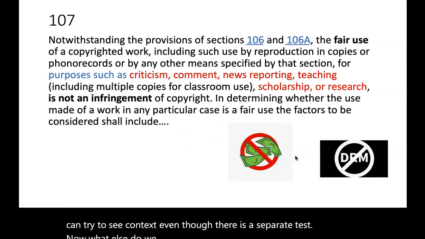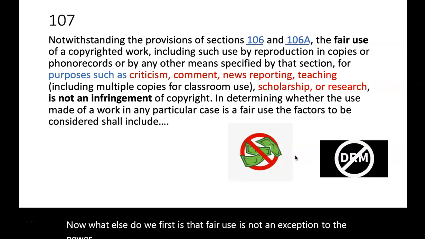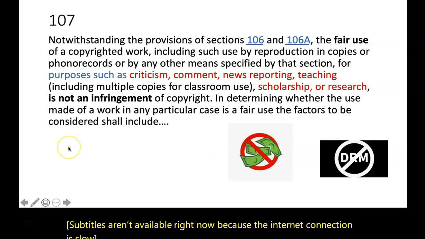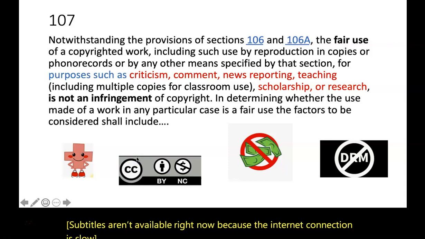Okay. Now, what else do we know? Well, first is that fair use is not an exception to the newer rights provided to copyright owners that prevent circumvention of digital rights management. That's a major distinction from all the other 106 rights. And also, you should know that fair use is an additional thing beyond Creative Commons.